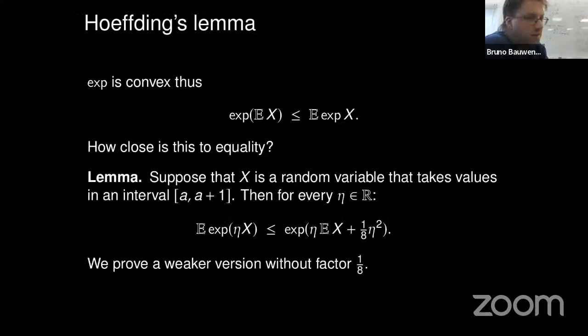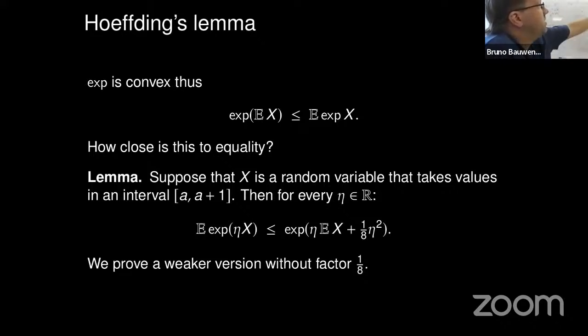Okay. Second thing is Hoeffding's lemma. When we apply Jensen's inequality, exponent is a convex function, so we have this inequality. But what if we need the other inequality? This is needed for the exponentially weighted algorithm. And so there is Hoeffding's lemma, which is on the bottom. It can be used for the other side of the inequality. And so there is eta.